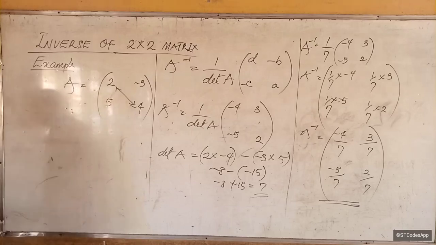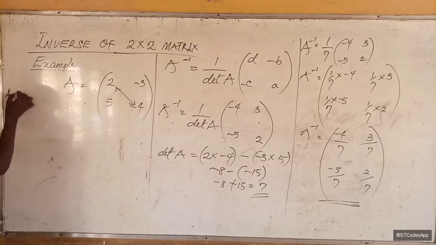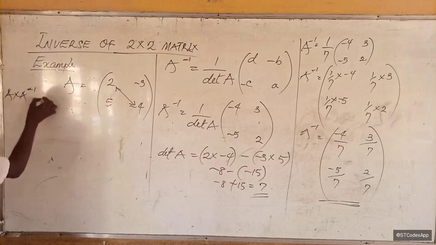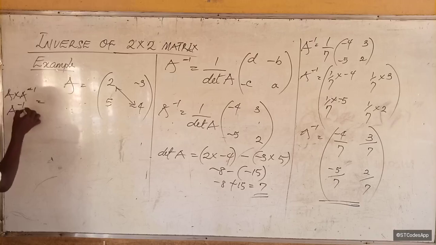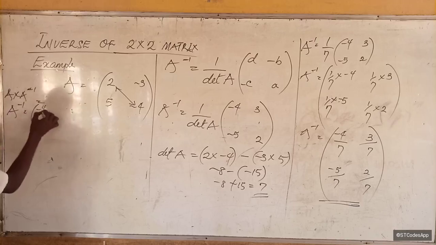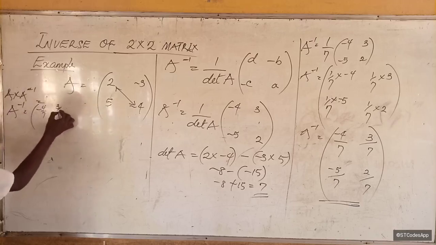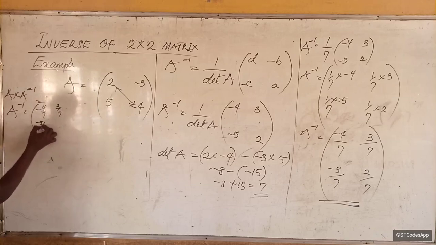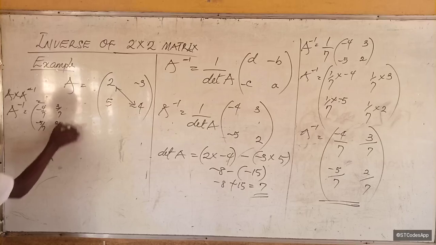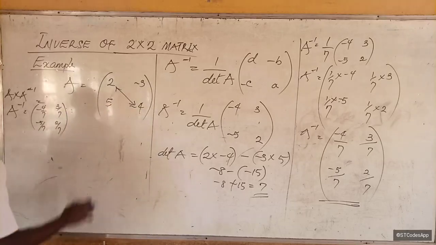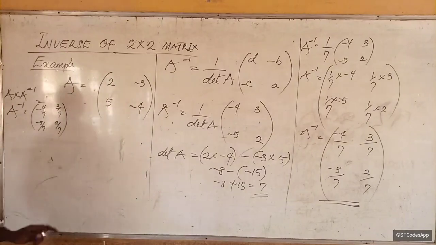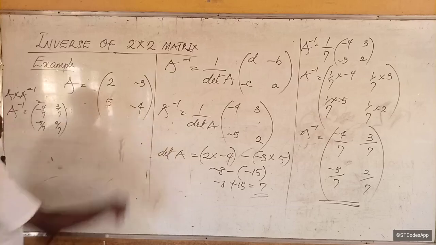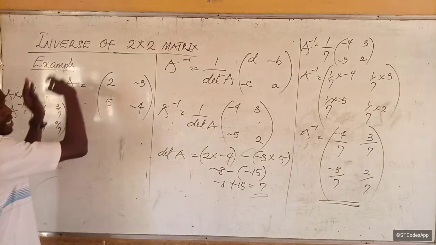Let's multiply by our inverse. A times A inverse will be equal to, what's our A inverse? A inverse is minus 4 over 7, 3 over 7, minus 5 over 7, and 2 over 7. So let's multiply them, and remember how to do 2 by 2 matrix multiplication: row by column.